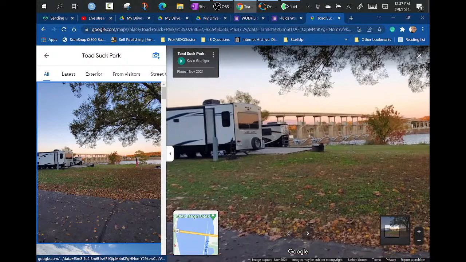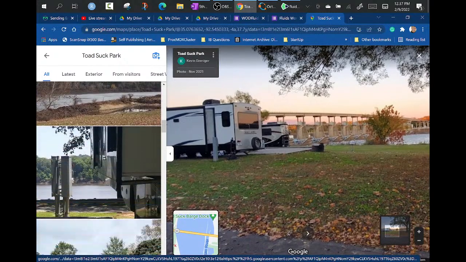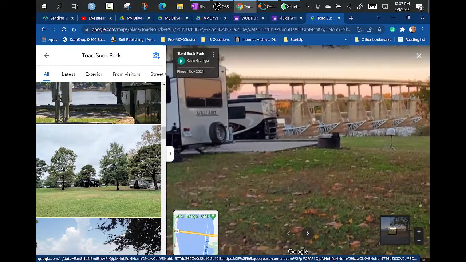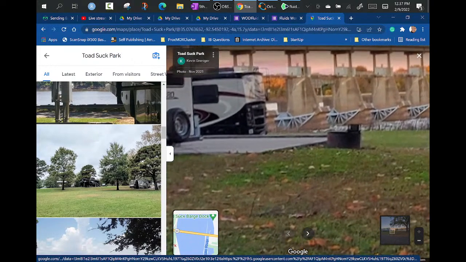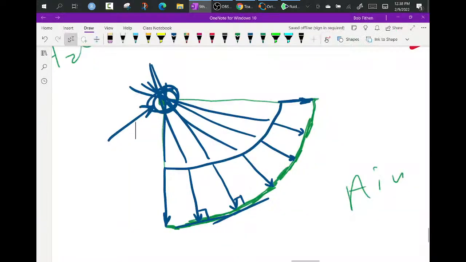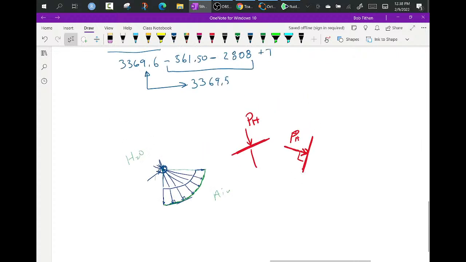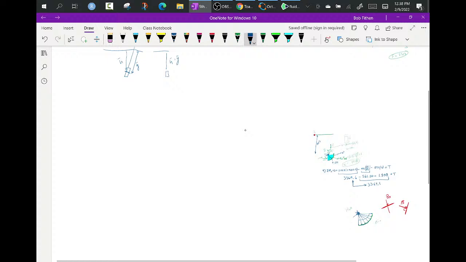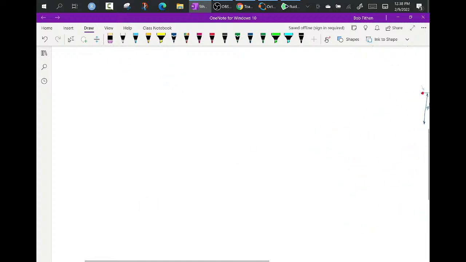I don't know that that was the picture I wanted. It jumped to the wrong one. Anyway, if you zoom in on these things, you'll notice all the gates are curved. So essentially there's a good justification for having a curved gate. So they're at Toadsuck Park as well as at the Darnell Spillway.